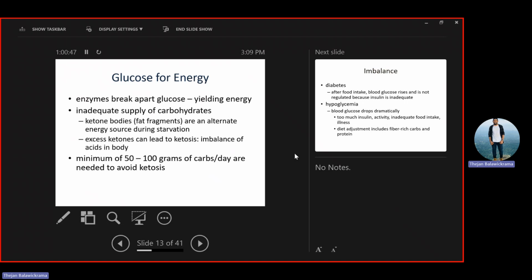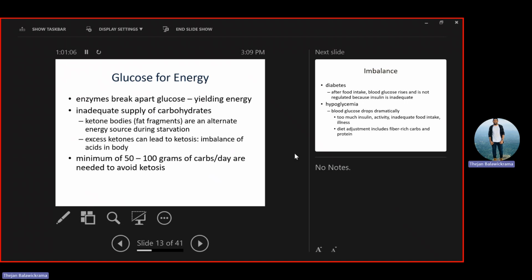So to avoid this situation, there should be a minimum required amount. 50 to 100 grams of carbs should be there in our day-to-day life. That should be like a daily requirement, minimum.